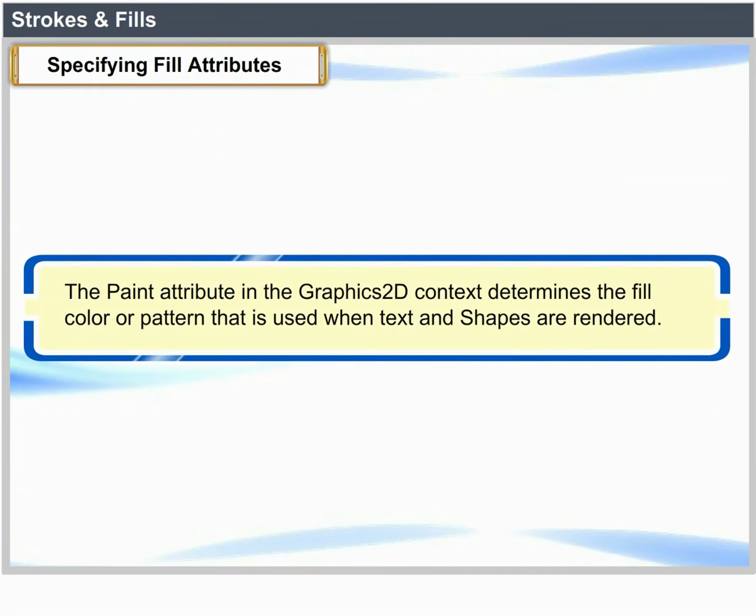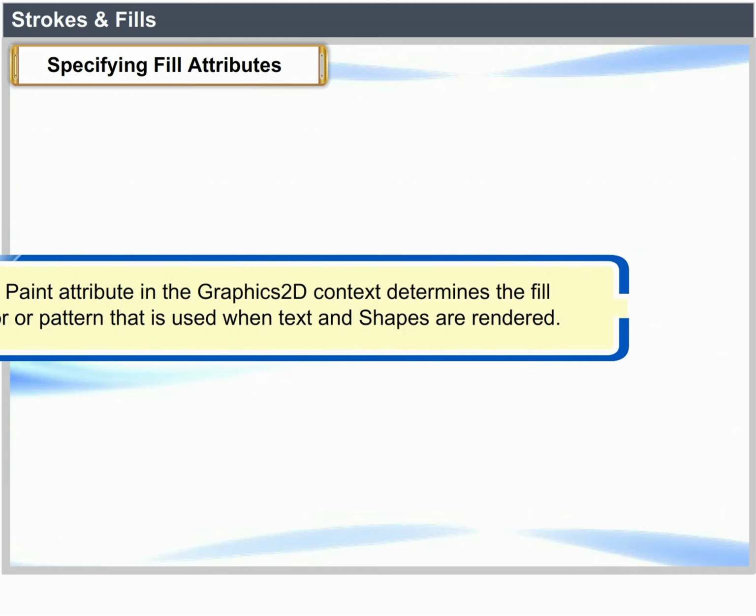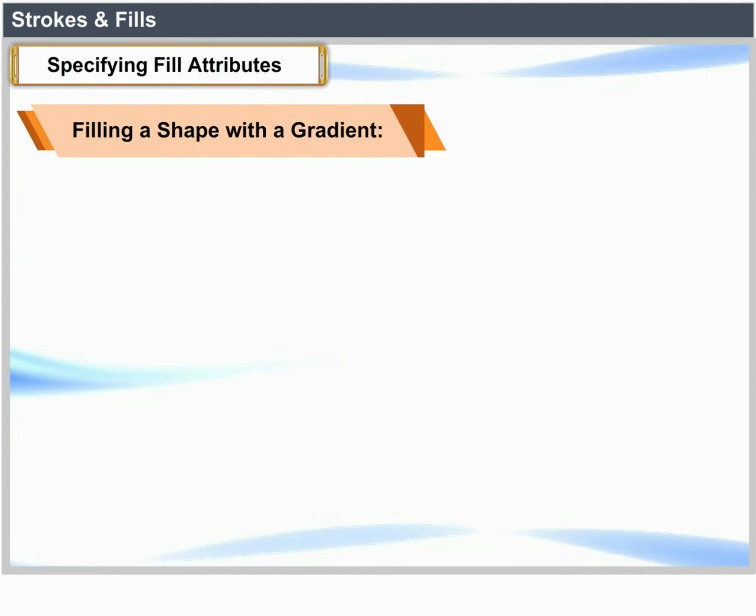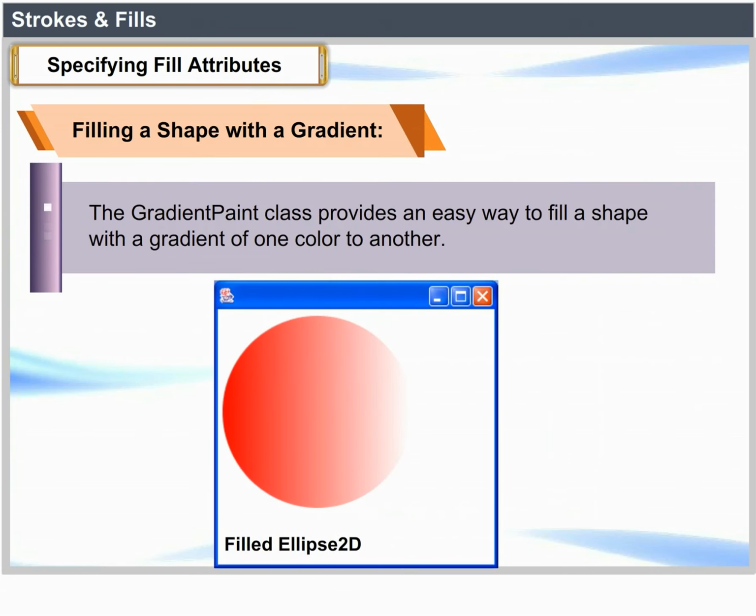Specifying fill attributes. The paint attribute in the Graphics2D context determines the fill color or pattern that is used when text and shapes are rendered. Filling a shape with a gradient. The GradientPaint class provides an easy way to fill a shape with a gradient of one color to another.